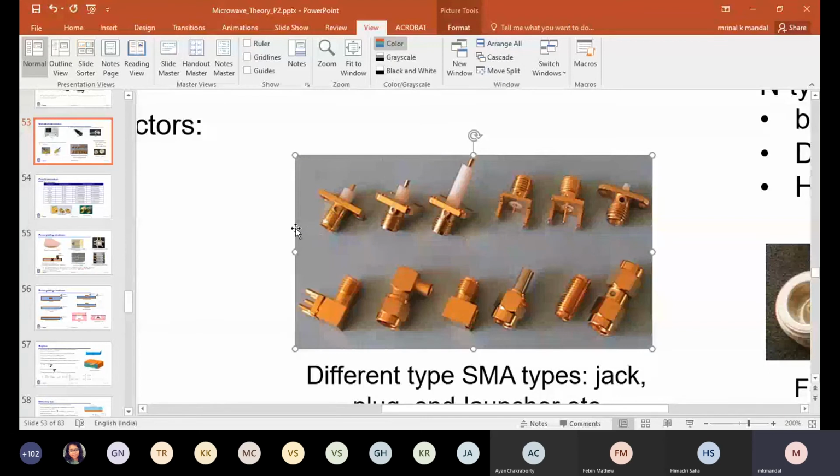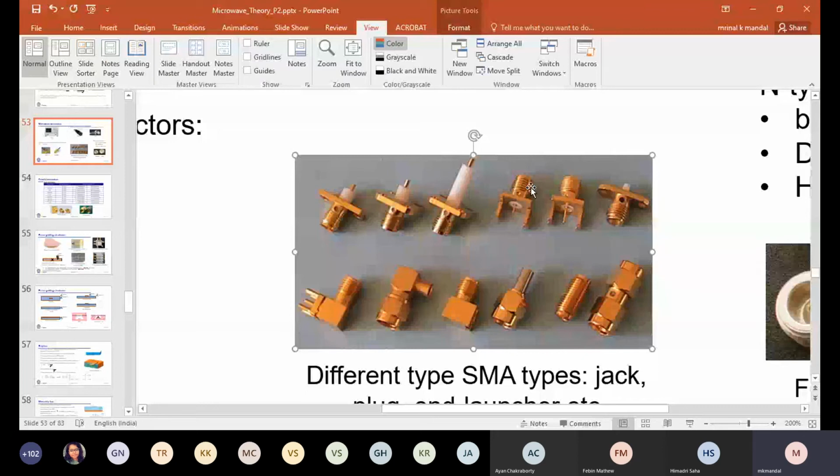So then if you want to order it, not this one, it is having some extended dielectric. It is for packaging actually, so that the dielectric can go through the package wall. Let us consider this one, if you can see my mouse. For this one, what will we call it? It is an SMA end launcher. Then this side automatically we will always have a pin, otherwise we can't solder it.